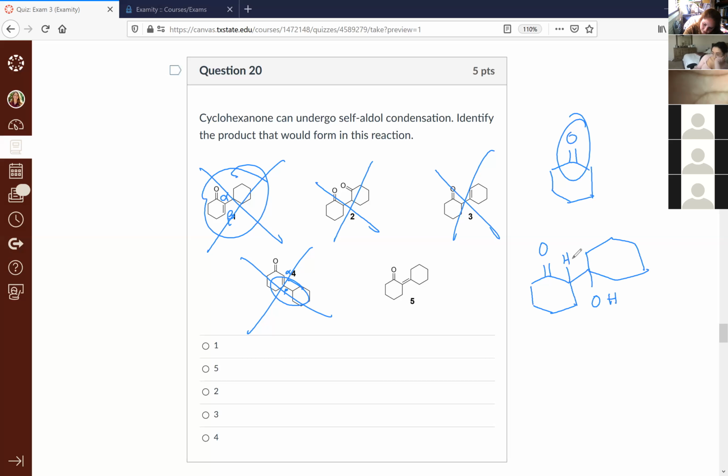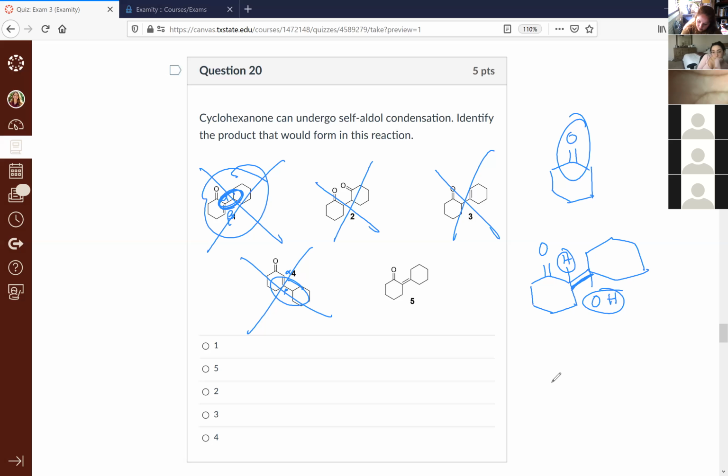And then we're going to pull off this proton and eliminate across here. So we end up with a double bond here. The double bond should be between the two equivalents of the molecule. If you look at option number 1, that double bond formed on one equivalent of the molecule. It is not involving the second one. So that is not correct connectivity overall. Does that make sense?